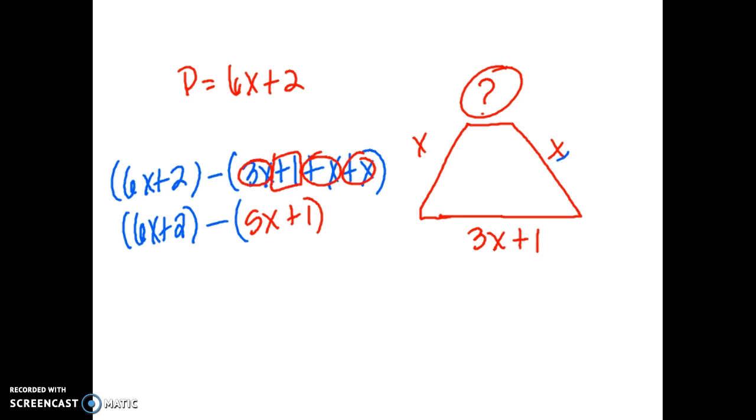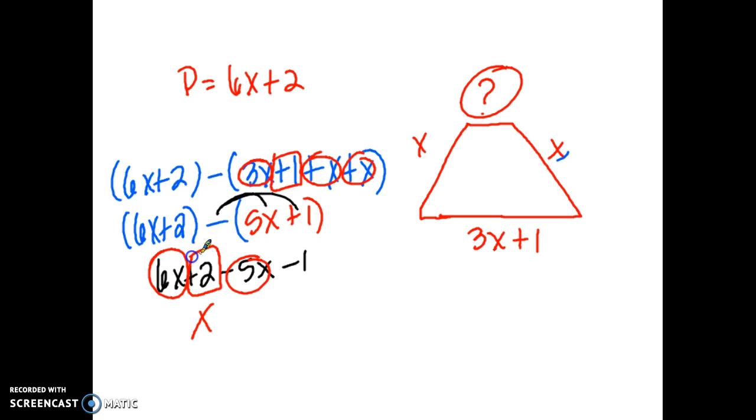Now I have a linear expression that I can simplify. 6x plus 2 minus 5x minus 1. 6x minus 5x is x, and 2 minus 1 is 1. So my missing side is x plus 1.